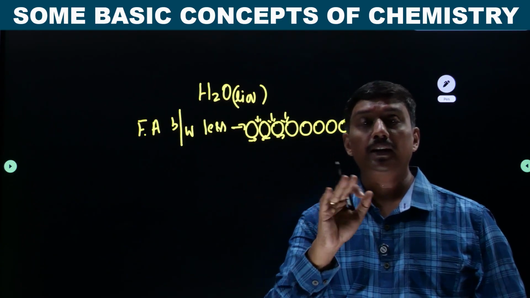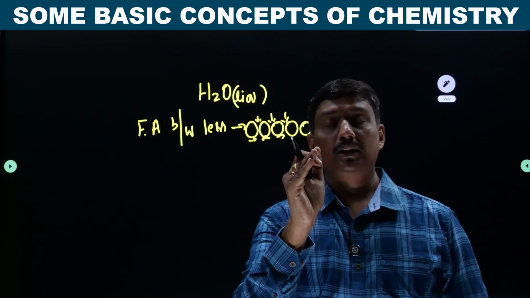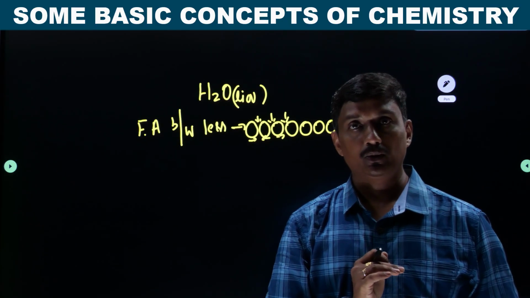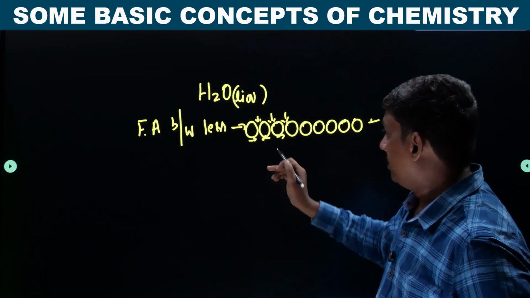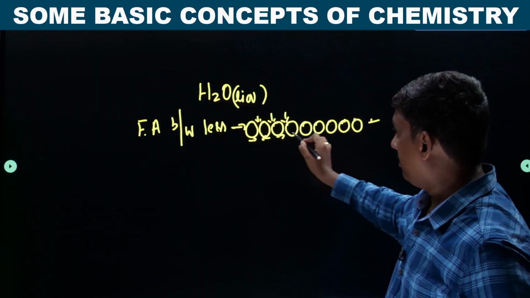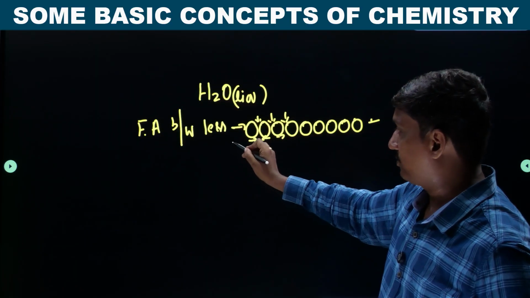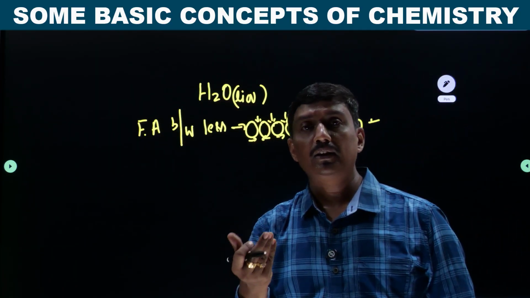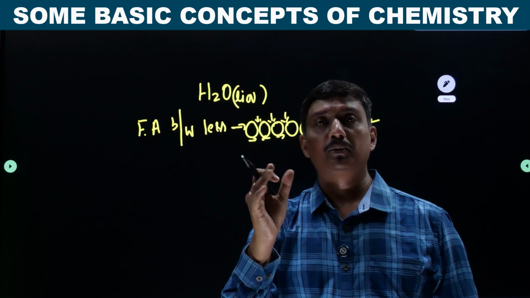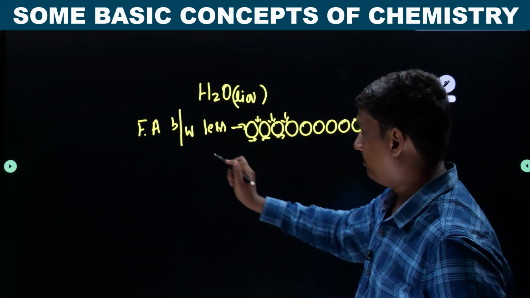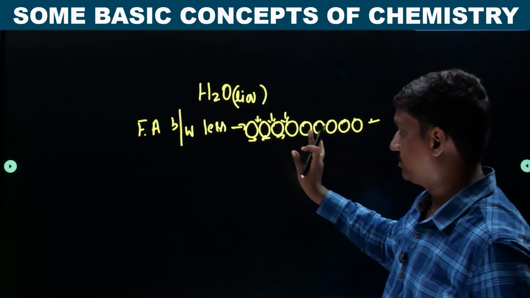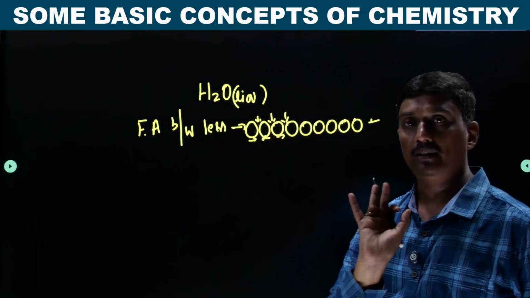Hence, liquid cannot be compressed like gaseous molecules. That is one reason it is not compressible. So the flexibility of the liquid state, it takes a different shape as per the shape of the container. So this is one main difference, that the force of attraction between the molecules is less.